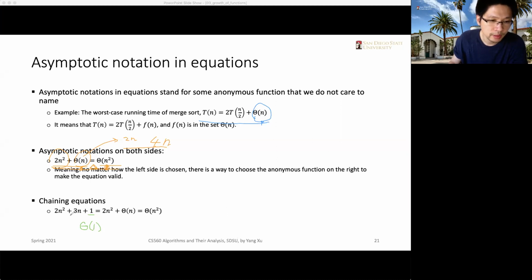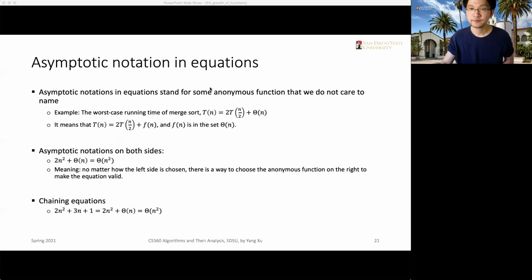And this 3n plus the constant can be simplified into big theta of n, right? And furthermore, we can also ignore the linear term and use only the quadratic term left. That's the common usage of asymptotic notations in equations.